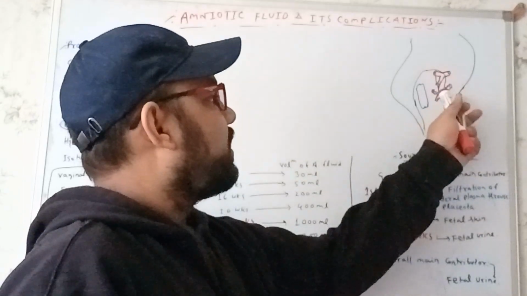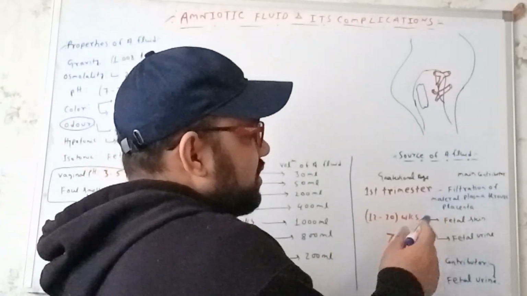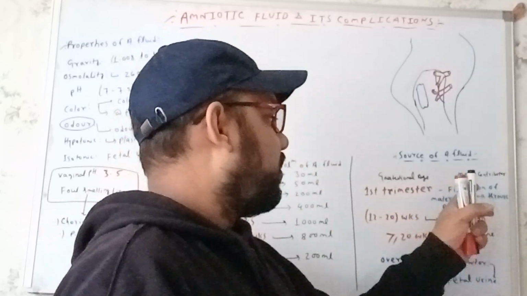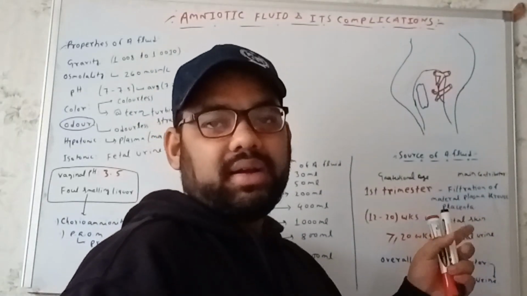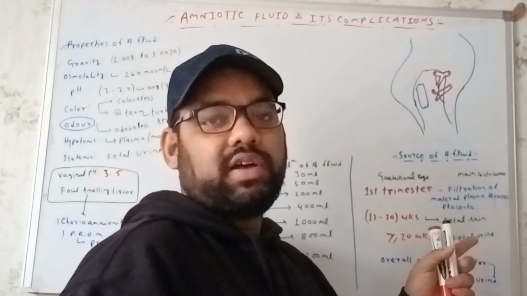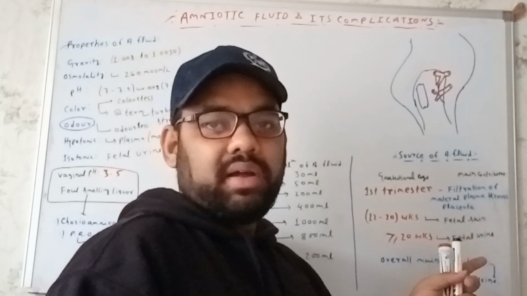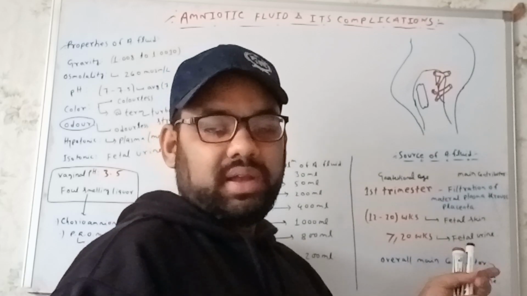And see over here a little diagram. Within the first trimester, the amniotic fluid is collected by filtration of maternal plasma through the placenta.